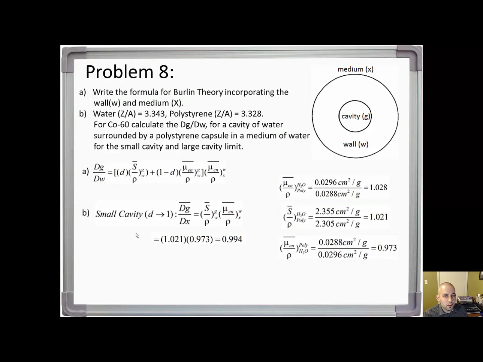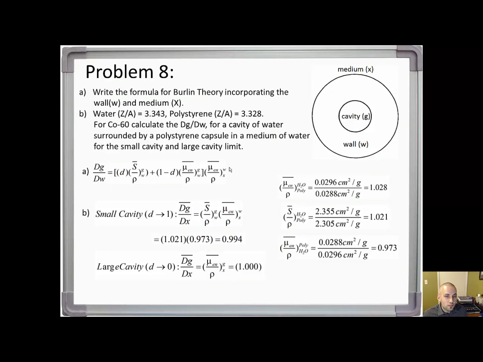But let's look at the large cavity limit. If you remember, for large cavity, D goes to 0. So I can plug in 0 here, and this term is eliminated. I'm left with mu en over rho, cavity over wall, and mu en over rho, wall over medium.